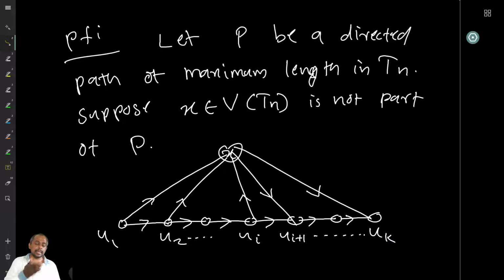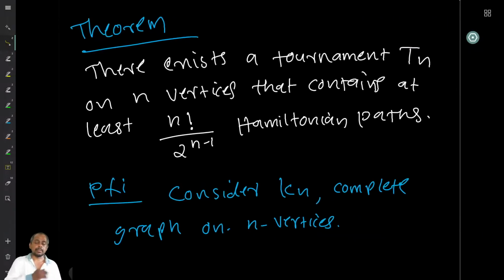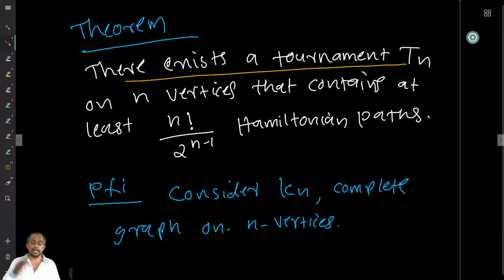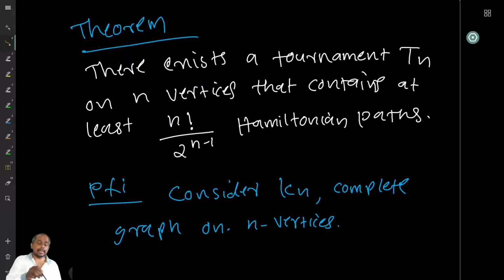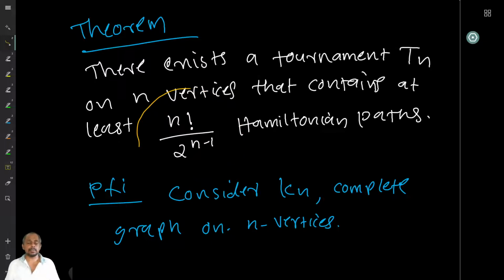So this is a nice argument. It has nothing to do with our probabilistic argument, but just to give you a flavor of how to argue in the case of tournaments and directed graphs. Now, what we want to prove is something much more interesting: that there is some tournament on n vertices which contains at least n factorial by 2 raised to n minus 1 Hamiltonian paths.